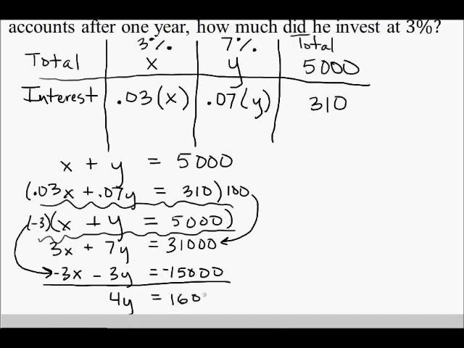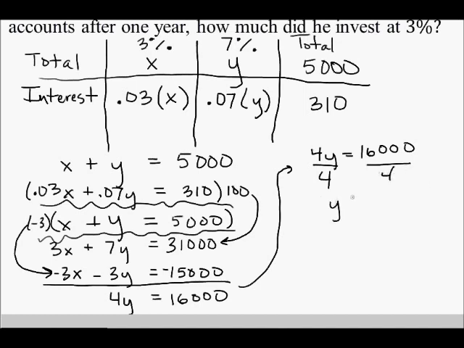Okay, let's continue up here and we'll solve for y. So we have that 4y equals 16,000. And dividing by 4 to get us just y. Dividing 4 both sides, we get y equals 16,000 divided by 4 is 4,000. Alright, and so now we want to find x. And we can just go back to our easiest equation here, x plus y equals 5,000.